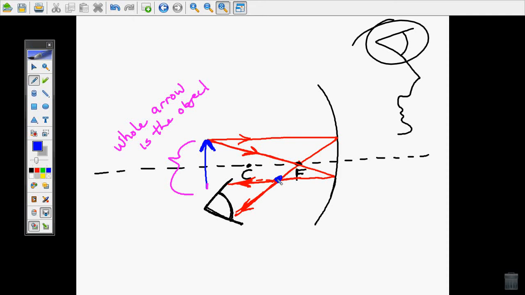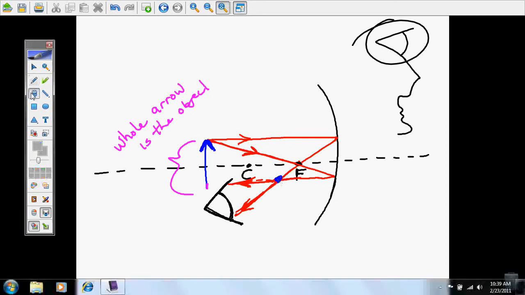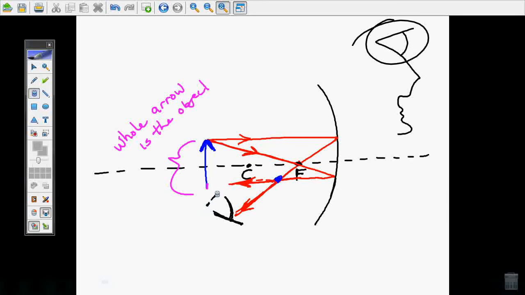Now, I'm going to go ahead and also show you where the feet would be seen. So let me erase this eyeball here. And I'm not even sure if you want to draw this on your ray diagram because it gets a little bit messy, and I would just say watch this, okay?